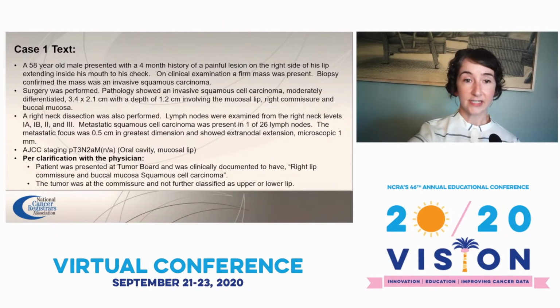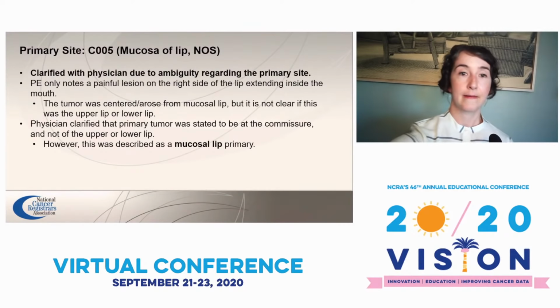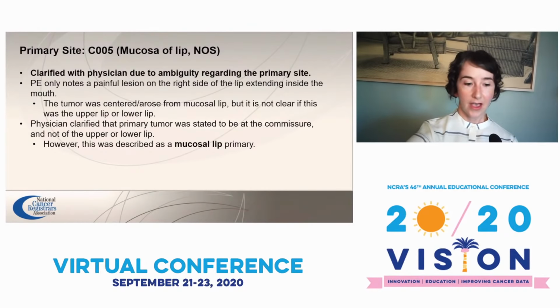So this is the case text for you with an additional clarification from the physician. The chosen primary site for this case was C00.5, mucosa of lip NOS, but the primary site was reviewed with the physician due to ambiguity regarding the primary site.